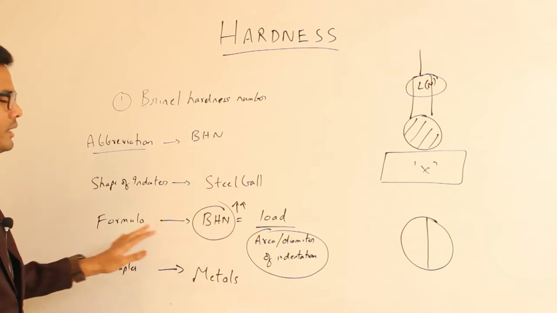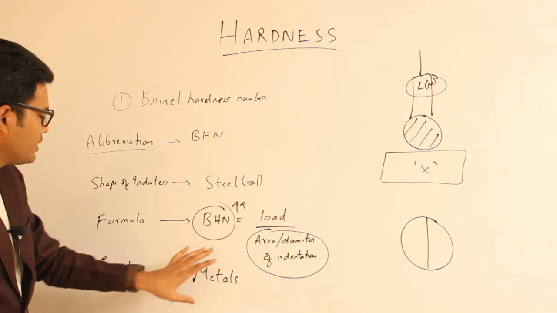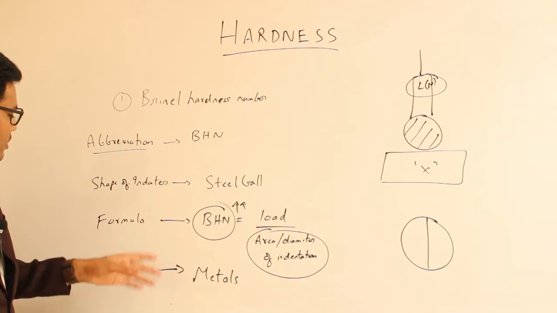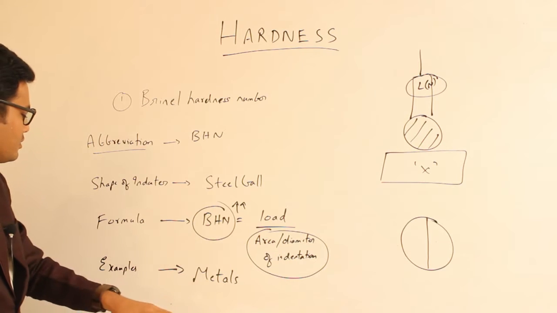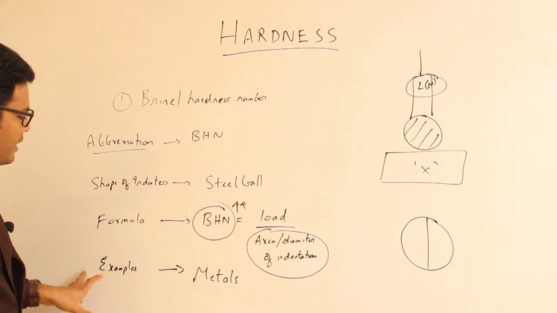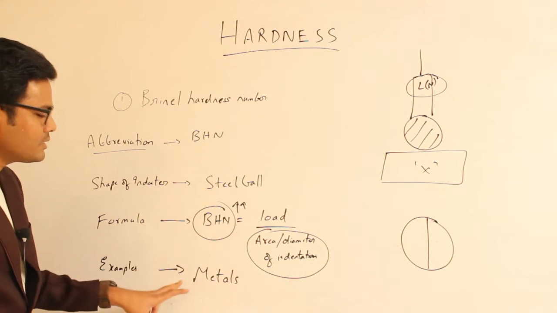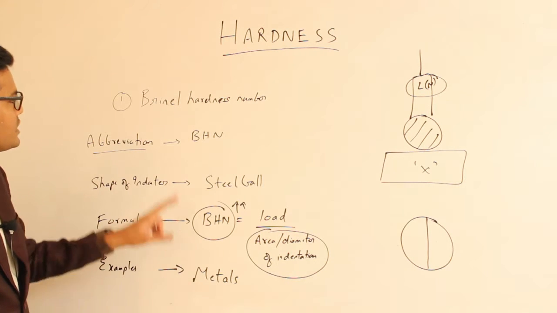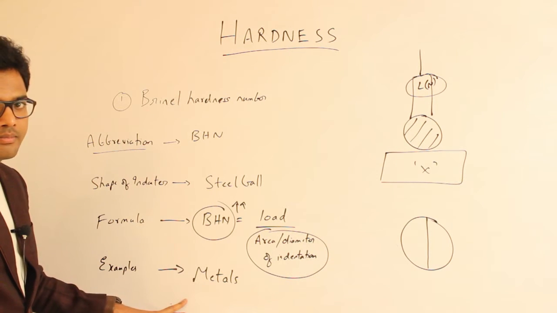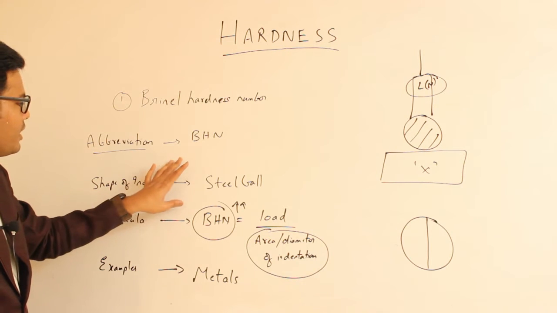And the materials which we can use to evaluate hardness are metals. So metals' hardness can be evaluated using Brinell hardness number. So this is in brief regarding Brinell hardness number.